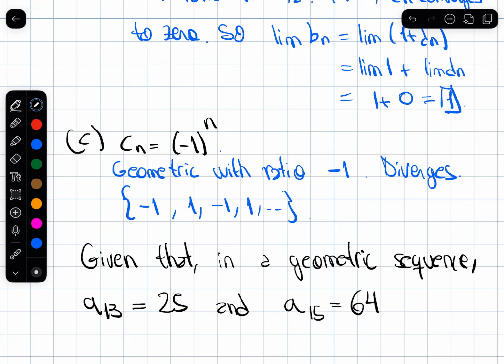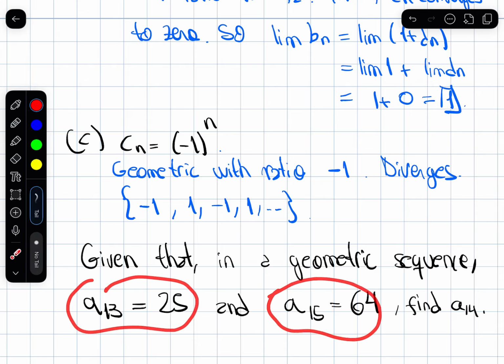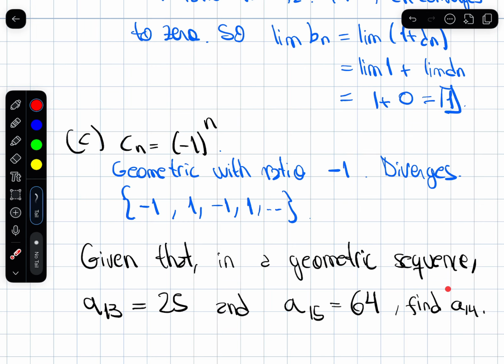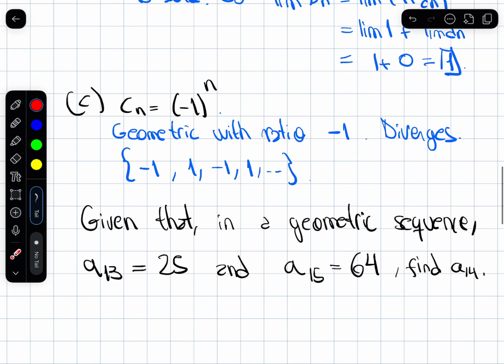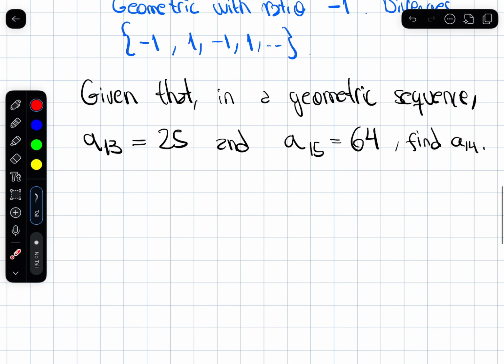Let's say a_13 is 25, a_15 is 64. Can I find a_14?